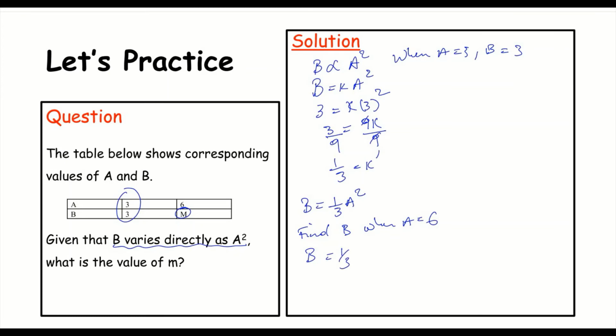Anywhere I see A, I'm going to substitute it for 6. So I now have 1/3 times 6 squared, and 6 squared is 36. So 36 divided by 3 gives us 12. So B is equal to 12.